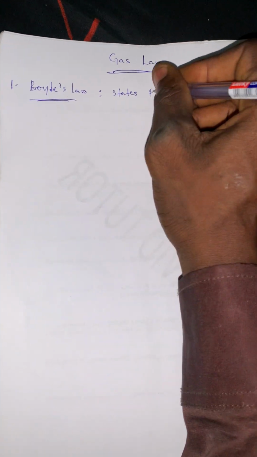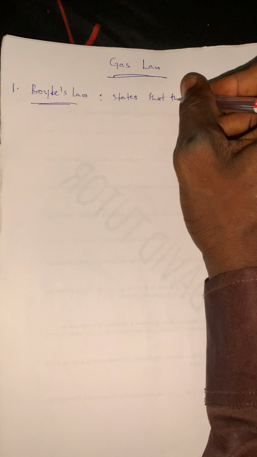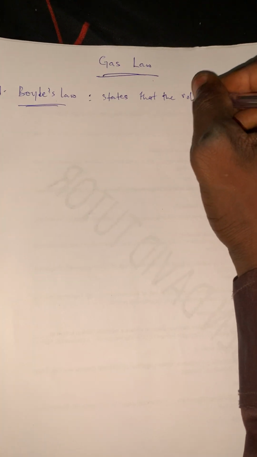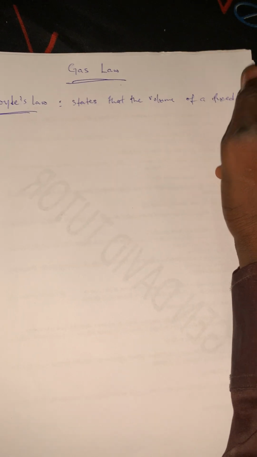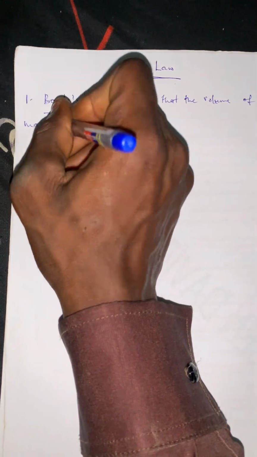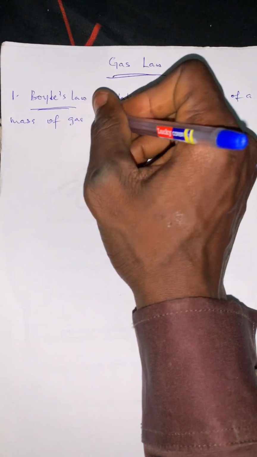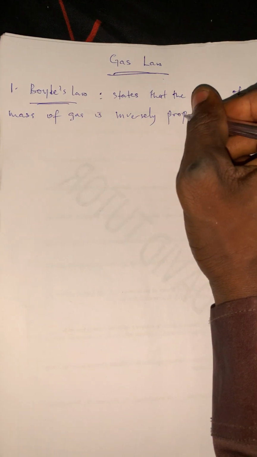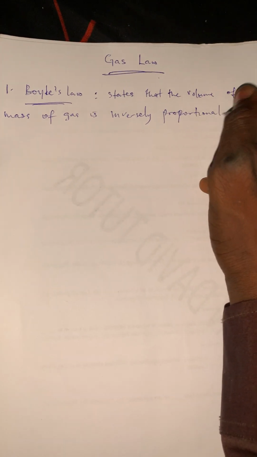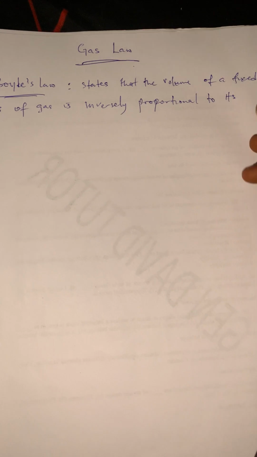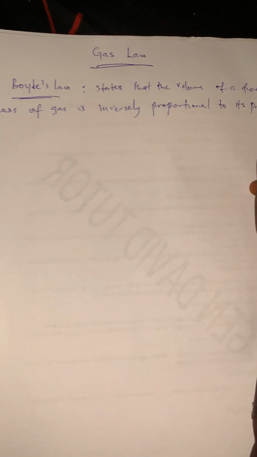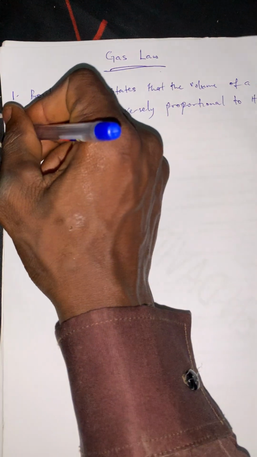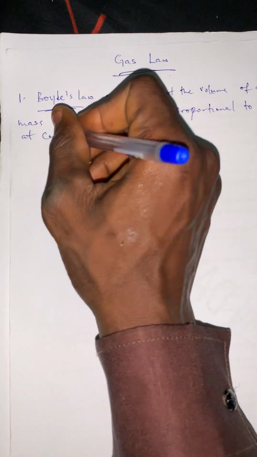Boyle's law states that the volume of a fixed mass of gas is inversely proportional to its pressure at constant temperature.